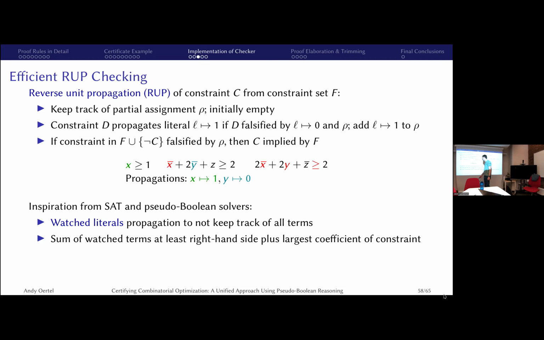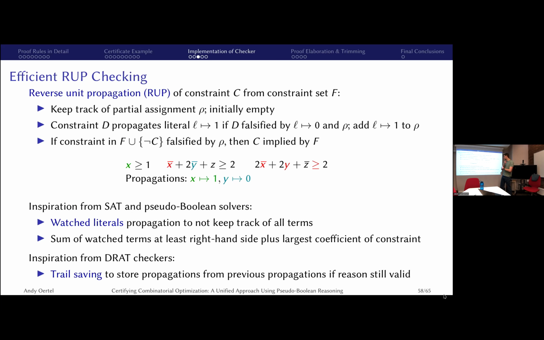And that's precisely when the sum of the watched terms, so the sum of the coefficients of the watched literals, is at least the right-hand side plus the largest coefficient in the constraint, because then we can detect any propagation.